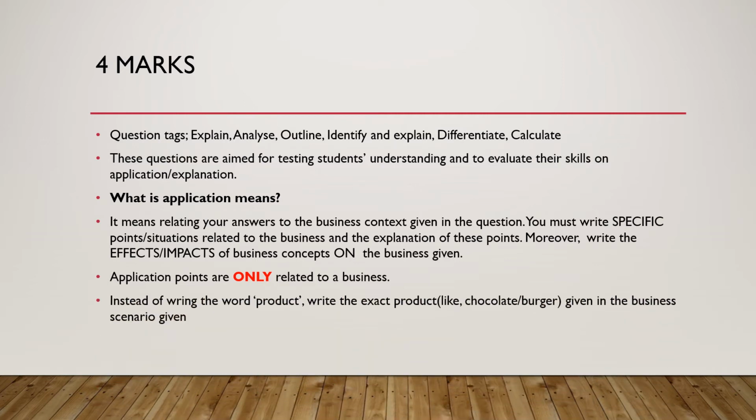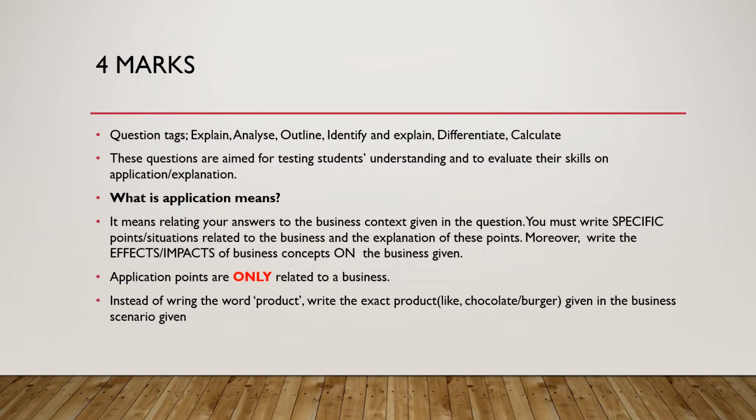Now I can give you one more tip. A common mistake among business studies students is that some students always write "product". The business sells the products, they get more money, so sales increase and they get more profit.